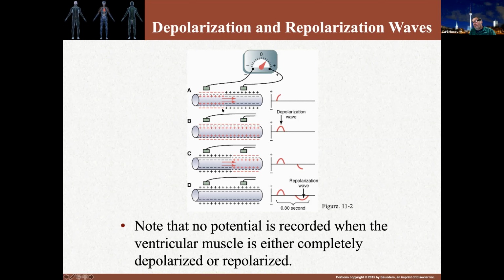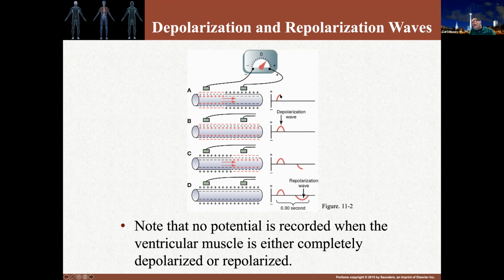And this shows you the idea of depolarization and repolarization waves. And you'll note probably the most significant thing to notice in this, because obviously if the current is moving in the direction of the electrode, it's going to be an upswing, whereas if it's moving away from it, it's going to be a downswing.